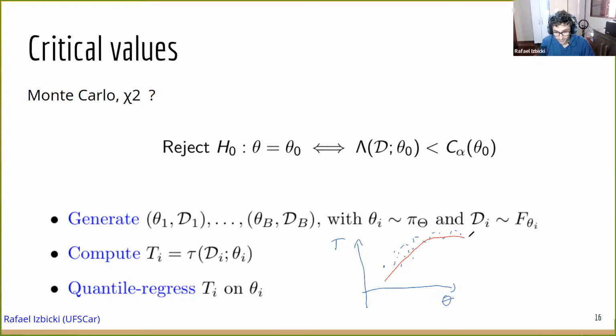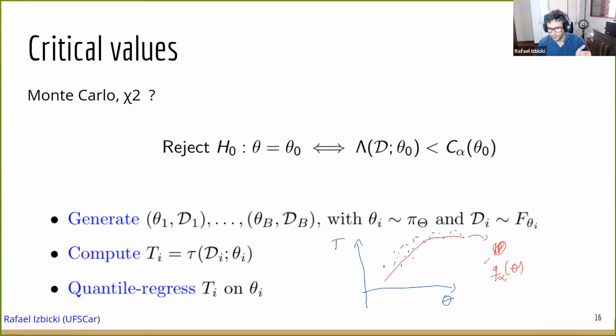It's really a continuous function. So we are estimating the quantile, the alpha quantile as a function of theta.